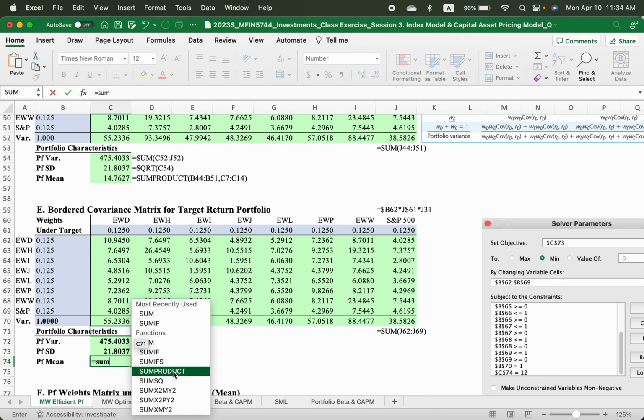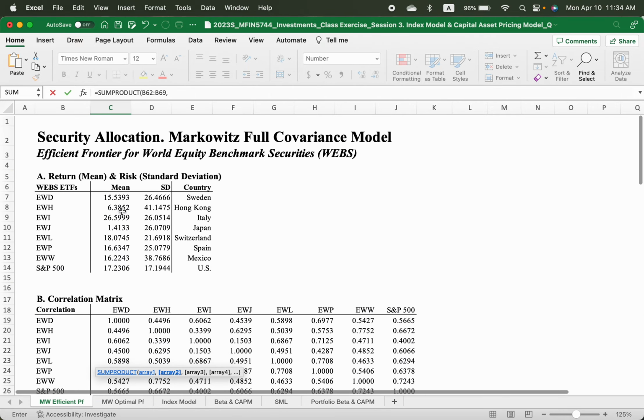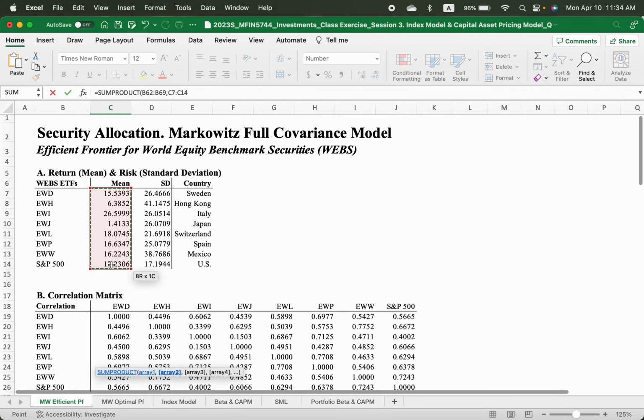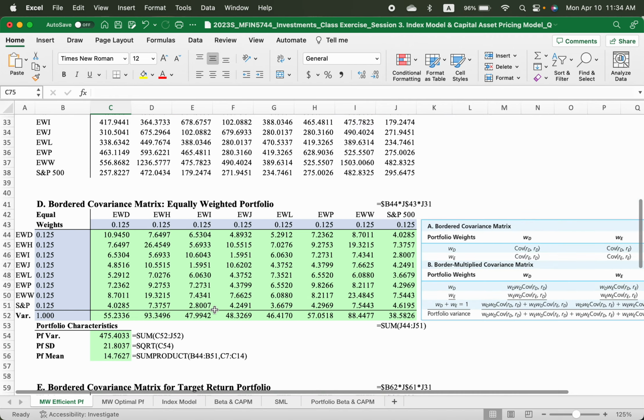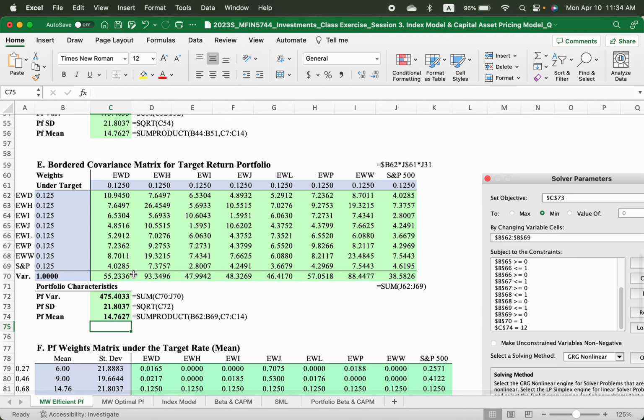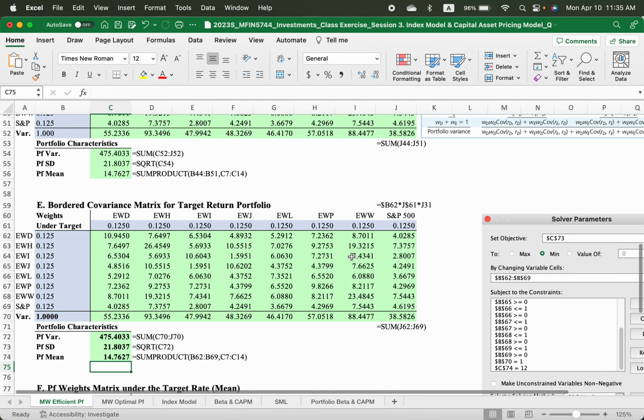Sum product, comma, and the mean. Enter. So we have the same one, right? Same result here. But from here, what is the optimal level to find? What is the minimum level of variance we can achieve here? That's what we want to find, right?